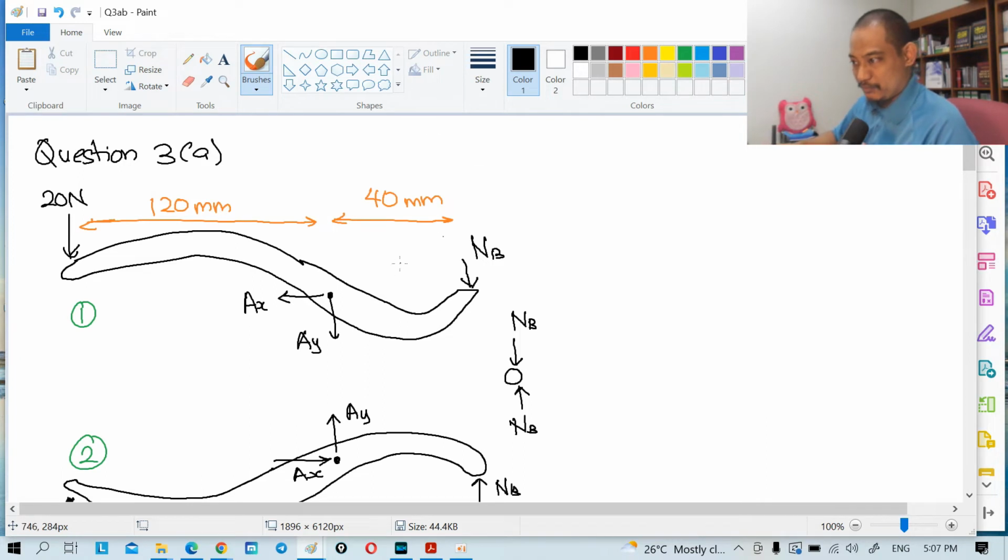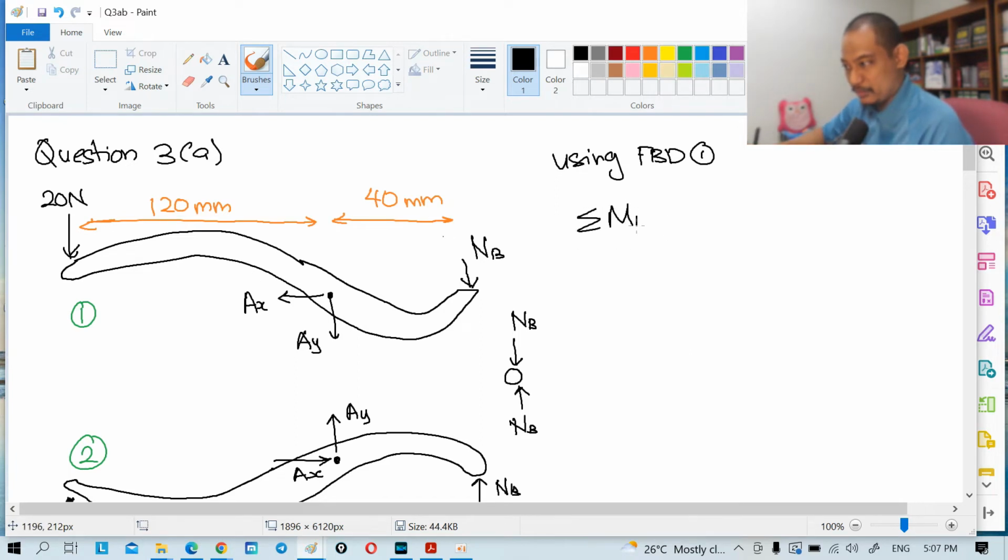Now straightforward, if we want to find NB, right? So using free body diagram 1, this one, taking summation of moment about point A equal to 0, and let's consider counterclockwise as positive.